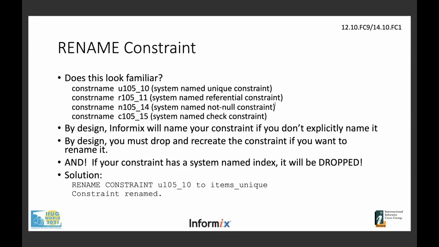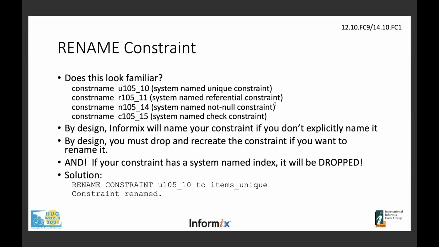And so in the same spirit of system generated cryptic names, we also had constraints that had a similar naming convention. There was a letter in front of these numbers this time. So the number that you see there is the tab ID, which would only be meaningful if you've looked at sys tables to see what your tab ID is.